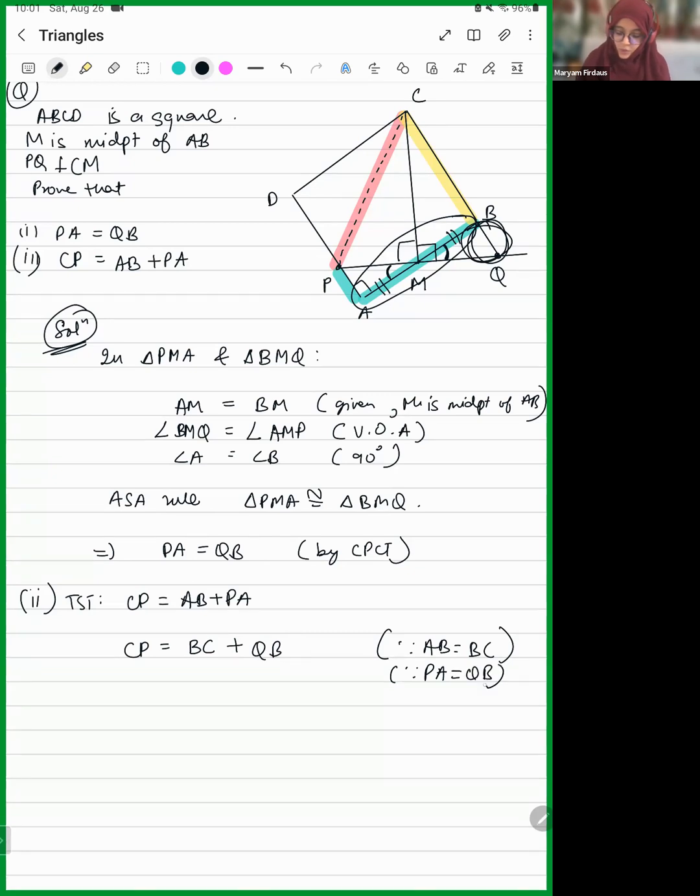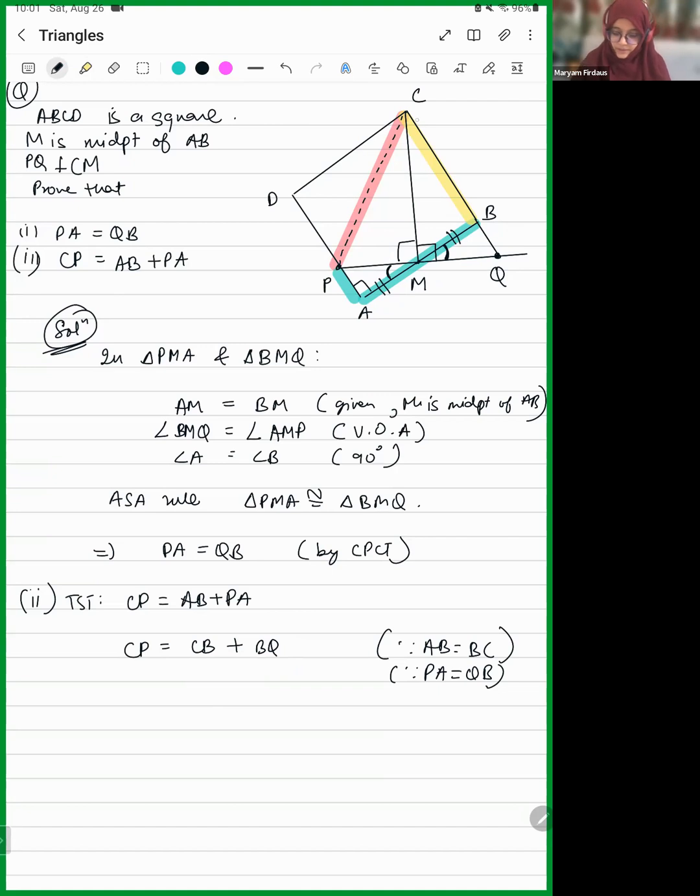So we need to show, basically, first tell me what is BC plus QB? In other words, what is CB plus BQ?